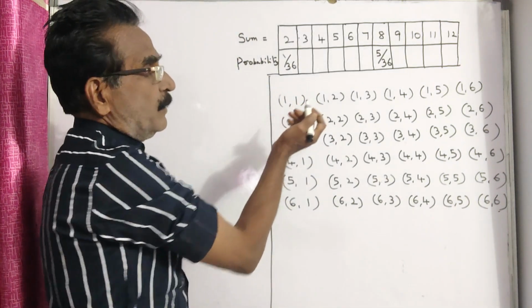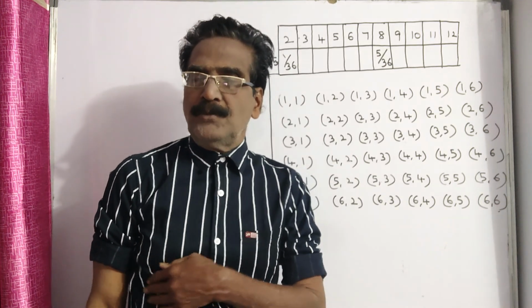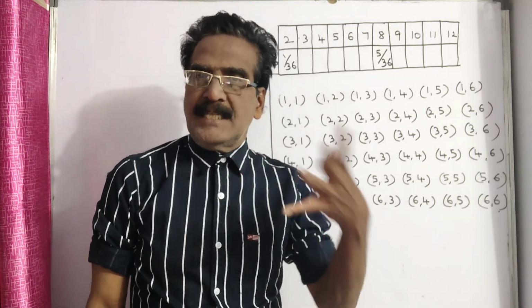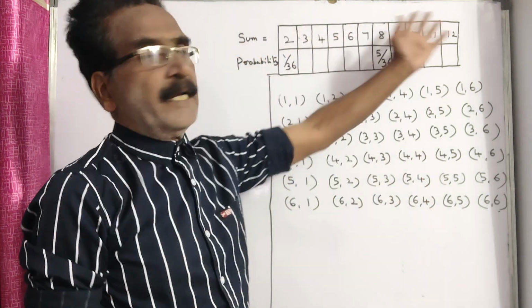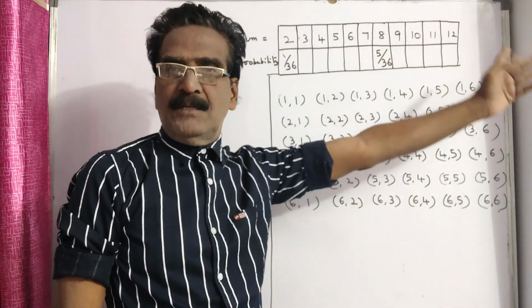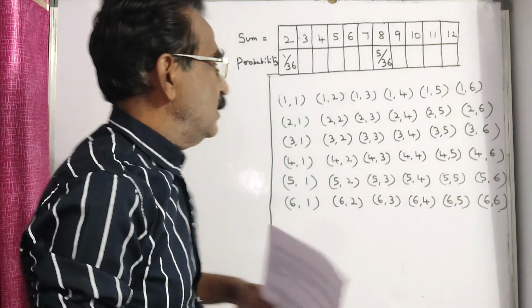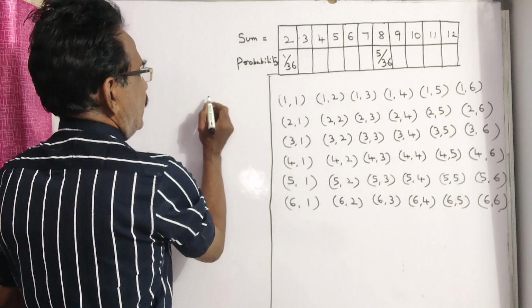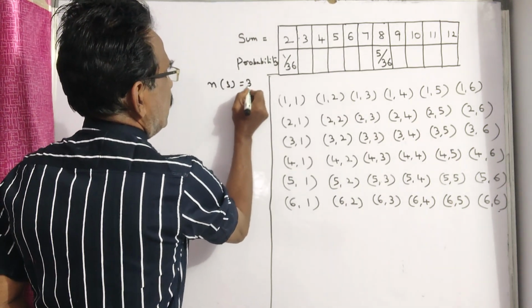See, if two dice are thrown, you know the total number of cases is 6 into 6, 36. So for all the events, the total number of cases is 6 into 6, 36. So n of S is equal to 36.